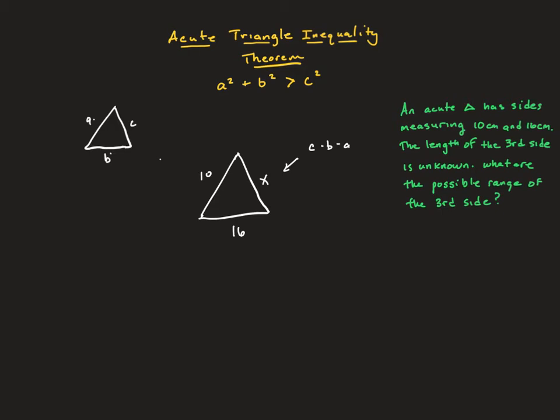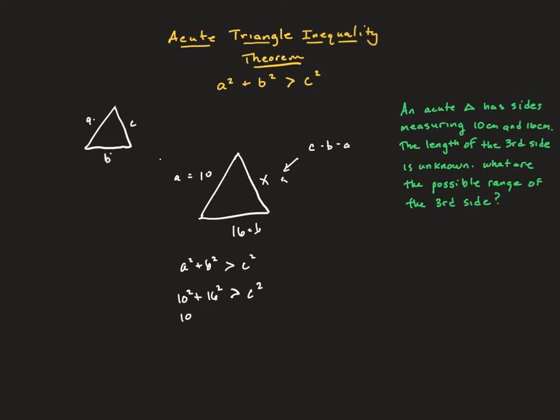First, we're going to say that it's C. So this is A, this is B, and this is going to be my C side. Again, A squared plus B squared is greater than C squared. So 10 squared plus 16 squared is greater than C squared.